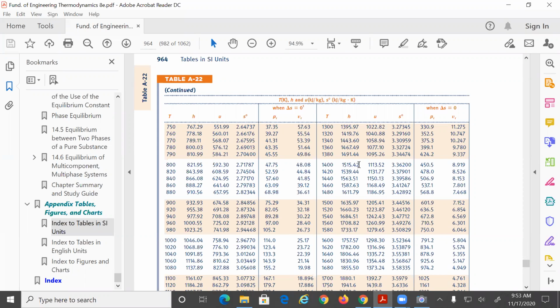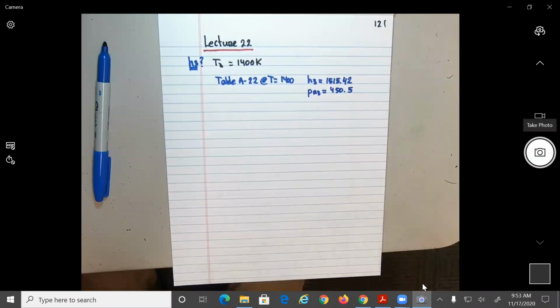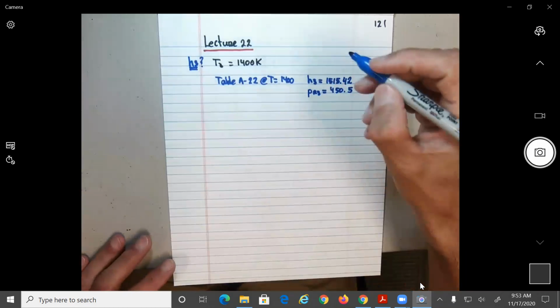So P_R3 equal to 450.5. Okay, so we found H3, now we need to find H4.